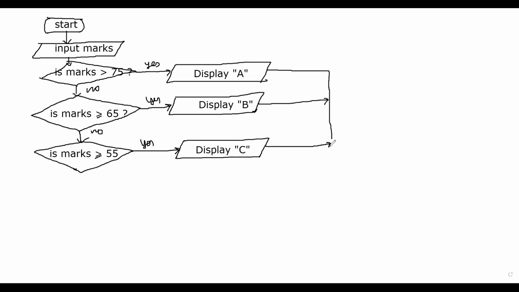You will connect here. And it will go on like this. If it is not greater than 55, then it's no. That means it's less than 55. So when you say no, that means it's less than 55. If it is no, then we have to check whether it's greater than or equal to 40.